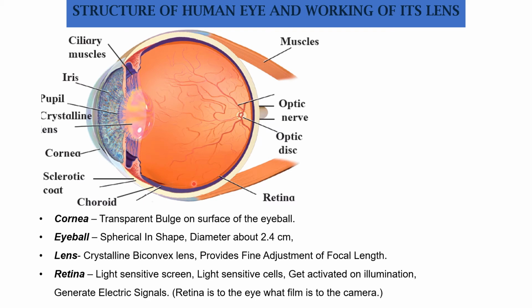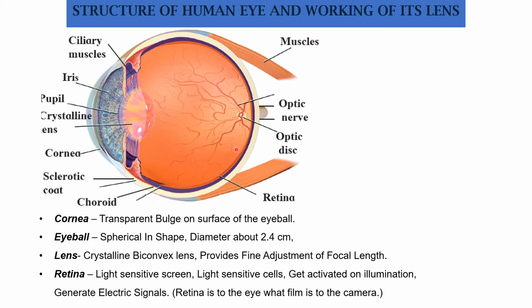They will get excited or activated only when light falls on them, and hence we cannot see anything in dark. So it comprises light sensitive cells, and whenever light falls onto them, they get activated and give rise to an image on the retina.